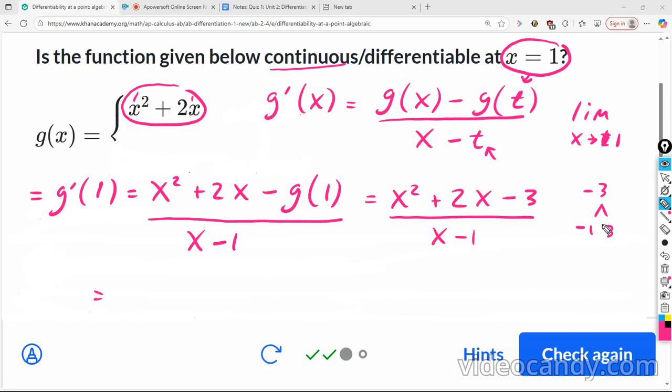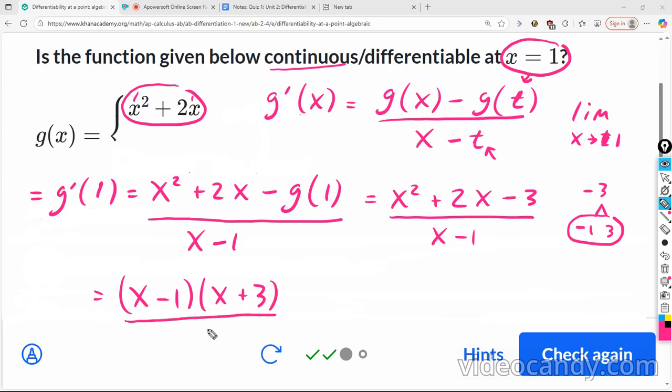We're just factoring this here. So we're going to use negative 1 and positive 3. So that's going to be x minus 1 times x plus 3 divided by x minus 1. And of course, x minus 1 over x minus 1 cancels, and we're just left with x plus 3.